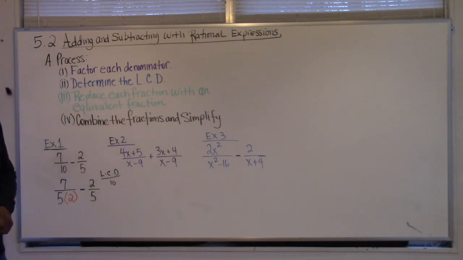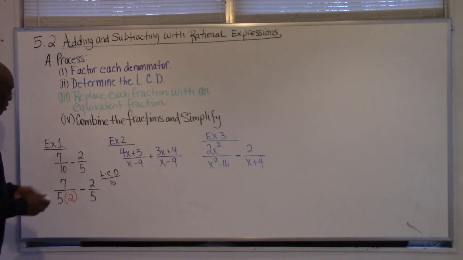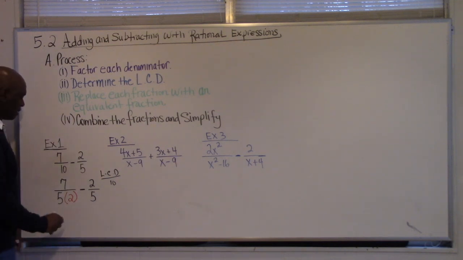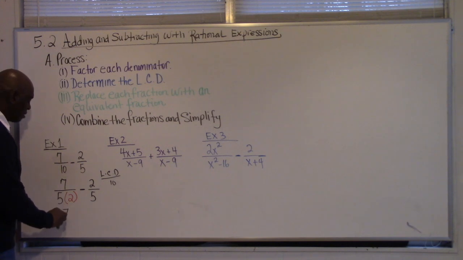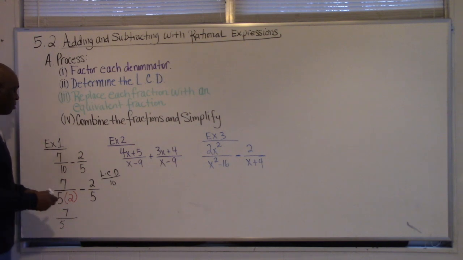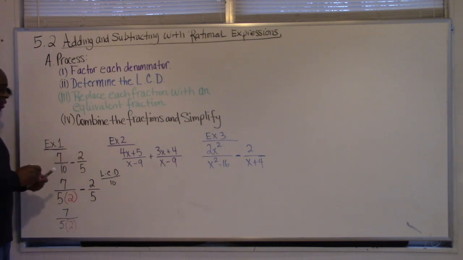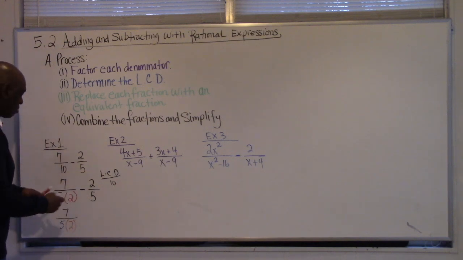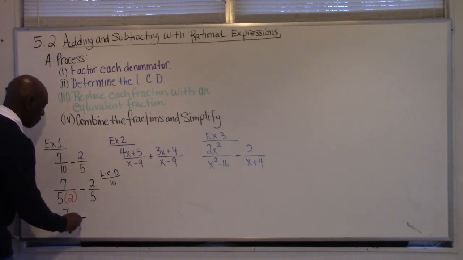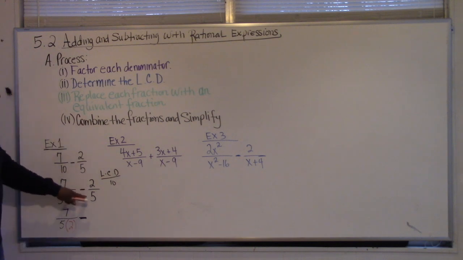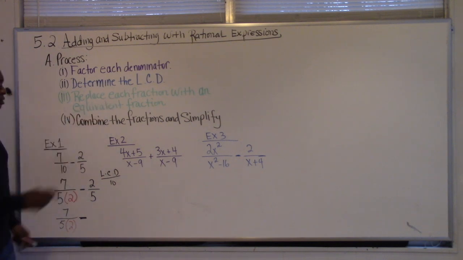Here's how that's to be done. This fraction here, 7 divided by 5 times 2, is fine. We have to replace this fraction now, minus 2 over 5, with an equivalent fraction.